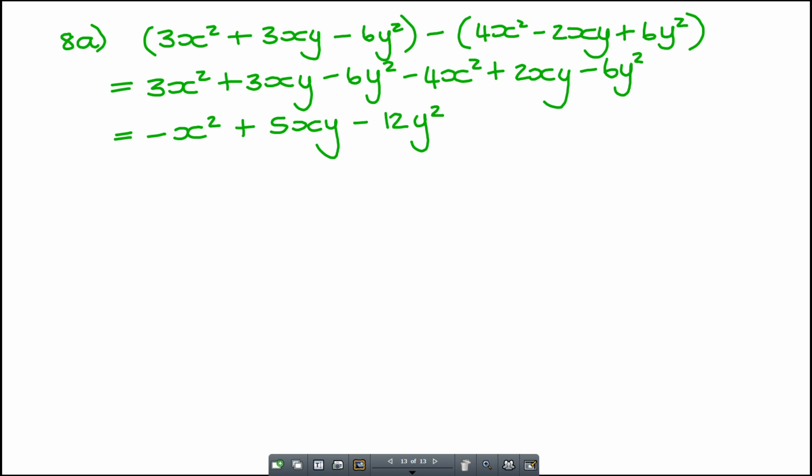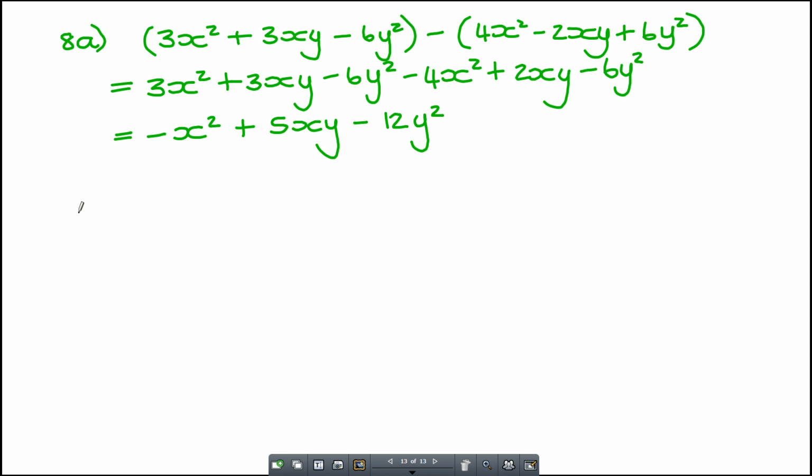Okay, listen, if your terms are just shuffled around, it's fine. You can, for instance, have minus x squared, minus 12y squared, and then plus 5xy. As long as the sign is the same as my term that I've got here.